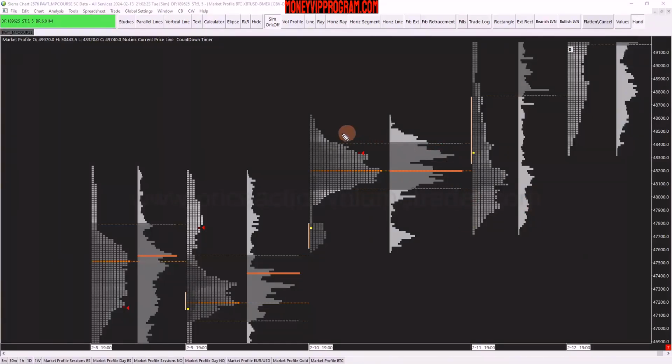In this case, we had an open and very little time spent over here before we broke out, and then we formed a pretty balanced distribution for the rest of the day, and our points of control were pretty much identical, and the value areas as well. The 68% of both the time and the volume were spent pretty much in the same range.